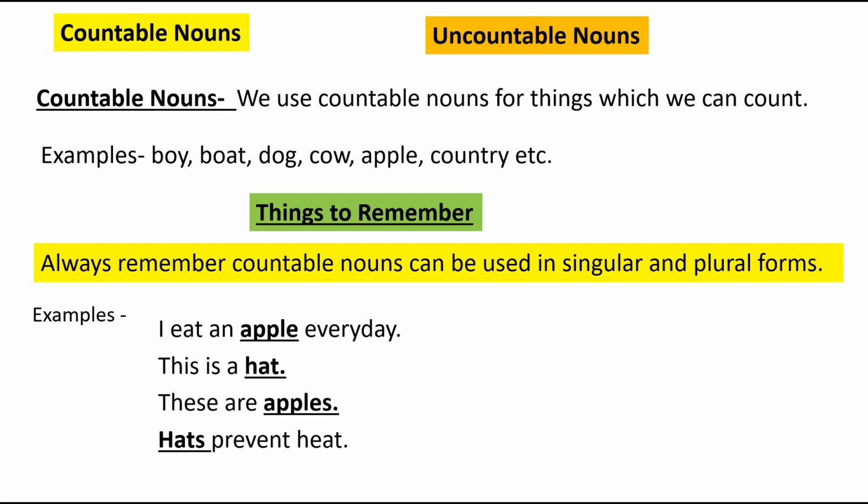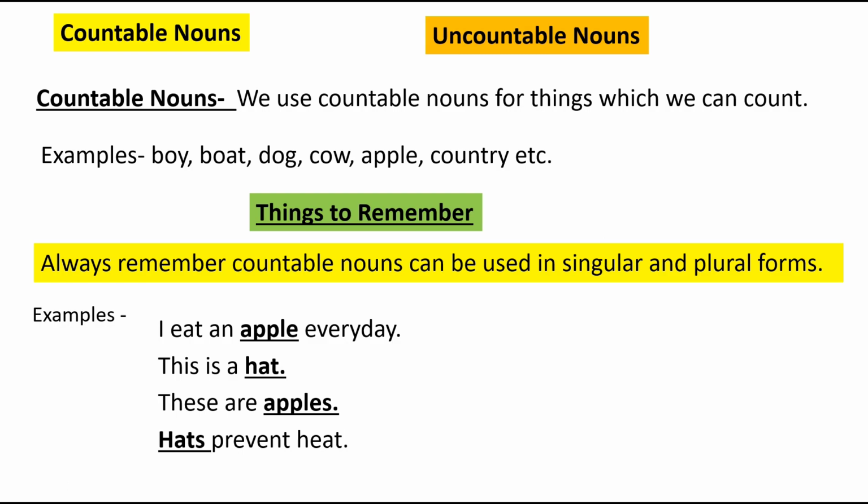This is a hat. A hat. Okay, here hat is used as singular form. These are apples. Apples, many apples. Hats prevent heat. Hats, many hats. Okay, so these are all countable nouns, and we can use countable nouns in singular and plural forms both.